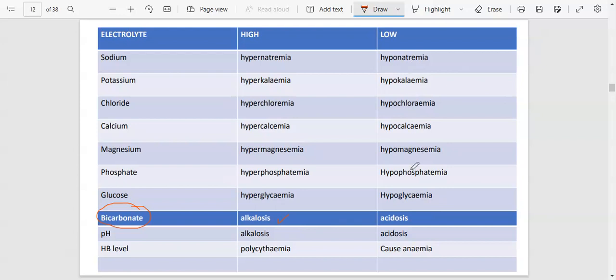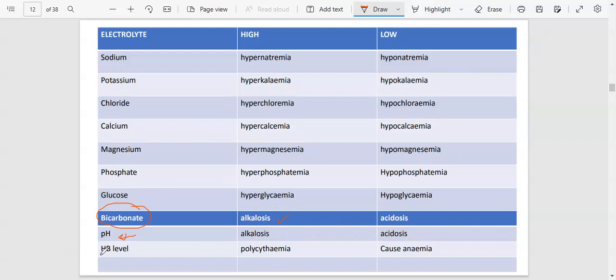And then when it is low, that is going to give a condition called acidosis, because you are going to have a low pH. So when it is high, that is alkalosis because it's basic. When it is low, that is acidosis.